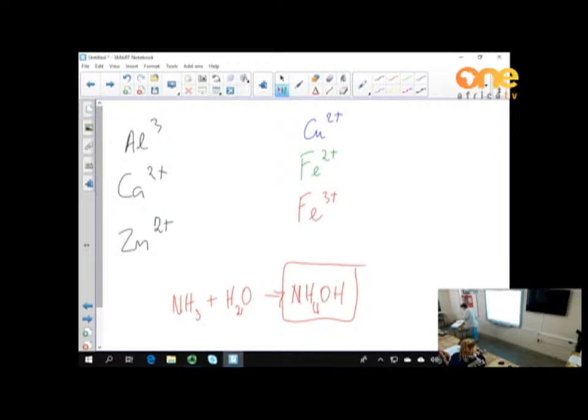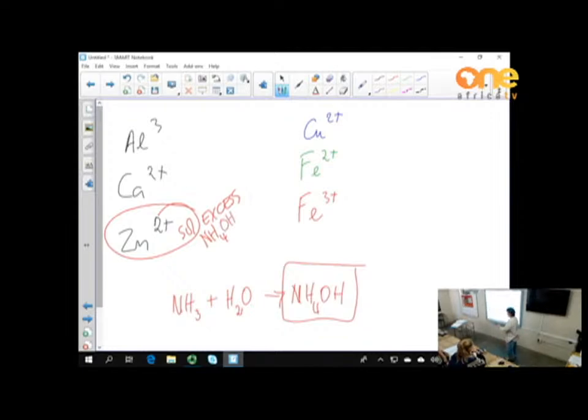If you go and read by zinc, they say add 2 drops of ammonium hydroxide, you will get a white precipitate. And when you add excess ammonium hydroxide, what's going to happen? The zinc is soluble. This one is soluble in excess ammonium hydroxide.